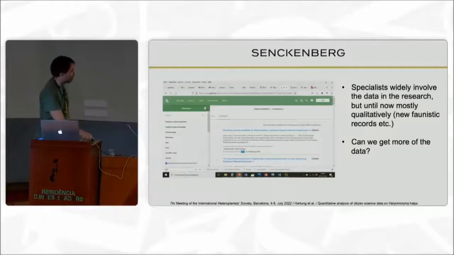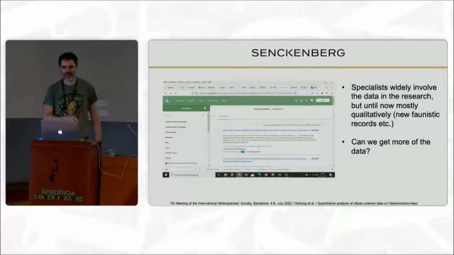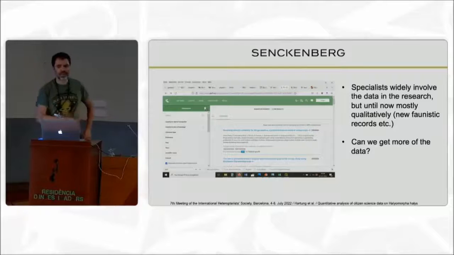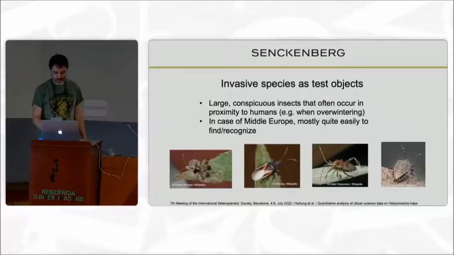Like here you see, it's probably not visible from there, but it's like 2,500 different papers listed on the website of iNaturalist that use the data from iNaturalist. But most people use that for new faunistic records, like the new record from here or there, which is a fine thing. But at some point I asked myself if there is something more to that. Maybe we could do something else.